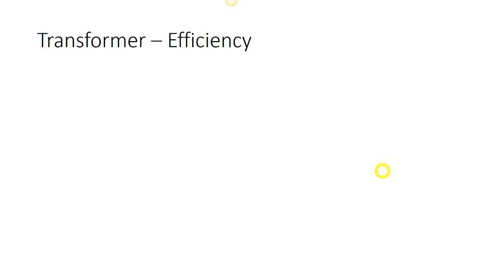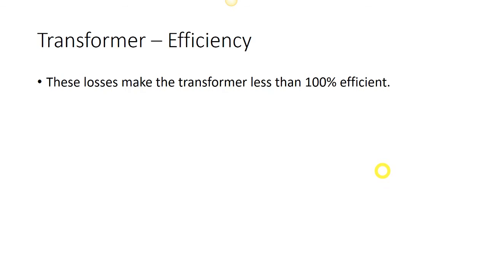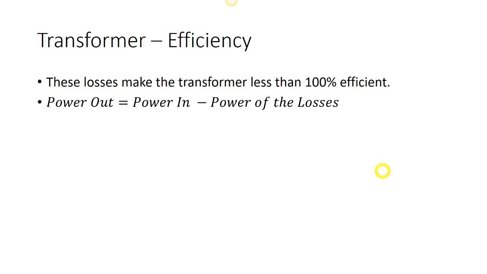Okay, so efficiency. These losses, all of them, make it physically impossible for a coil to be 100% efficient. So every transformer has those losses in it. Okay, I want to make that clear. And again, power out is going to be the power in minus our losses.